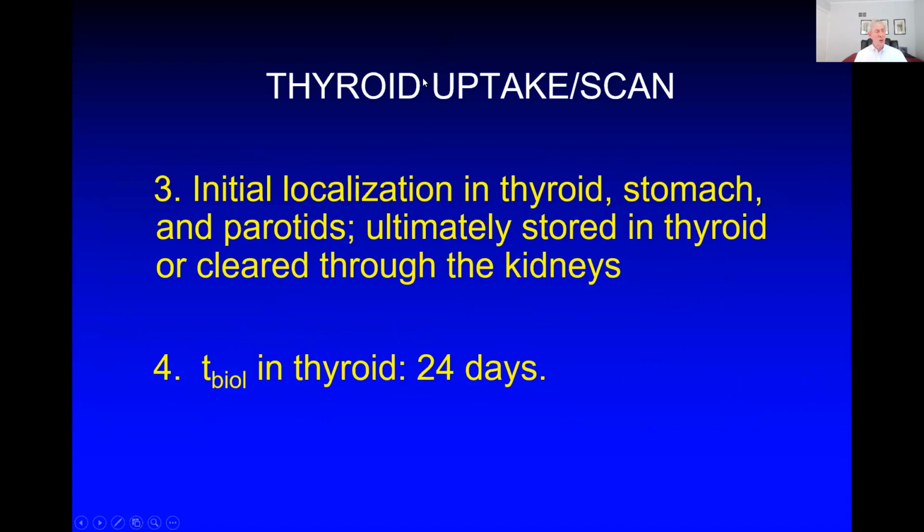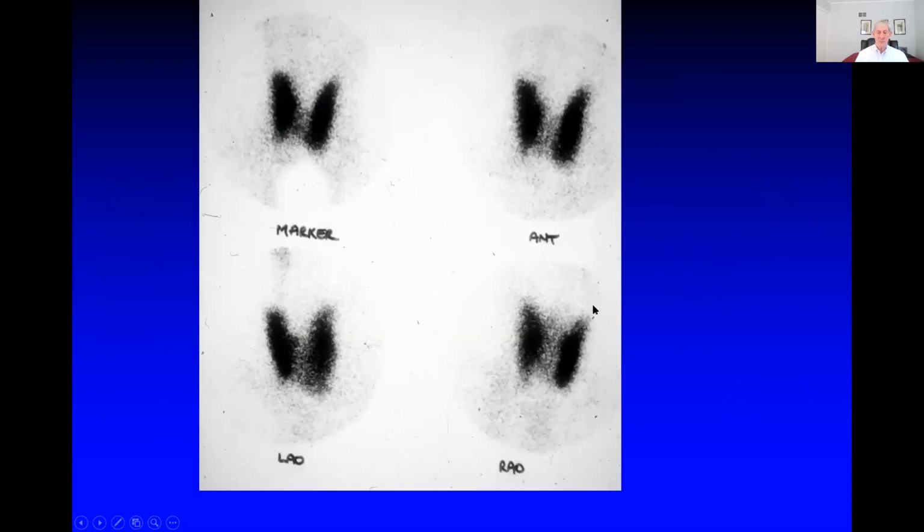Initially, when the patient swallows it, it goes to the thyroid. It goes to all the places also that pertechnetate goes typically, but mostly we're interested in the thyroid uptake. And in the thyroid, once it has been organified into T4, the biological half-life is a little over 3 weeks, it could be 24 days.